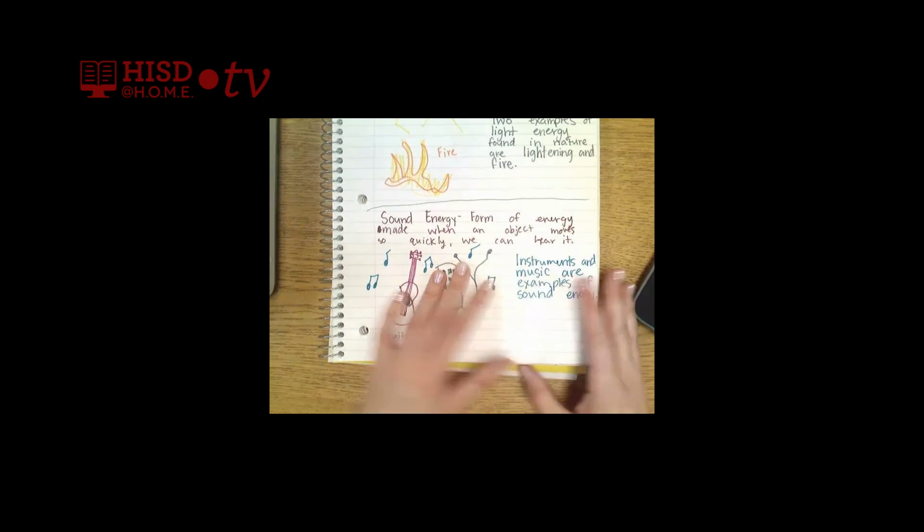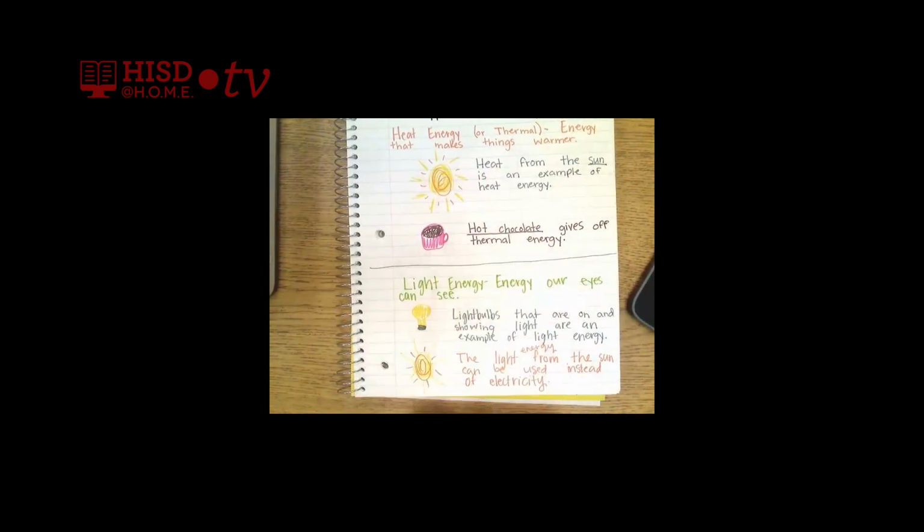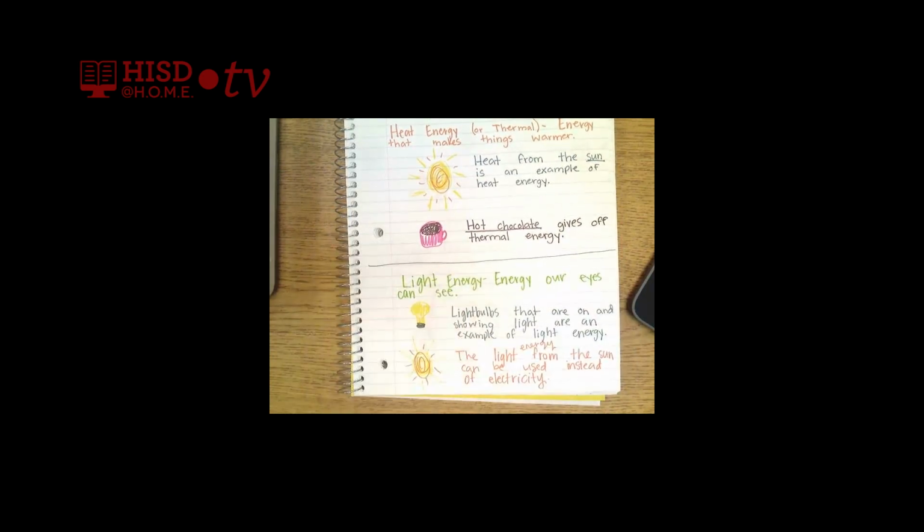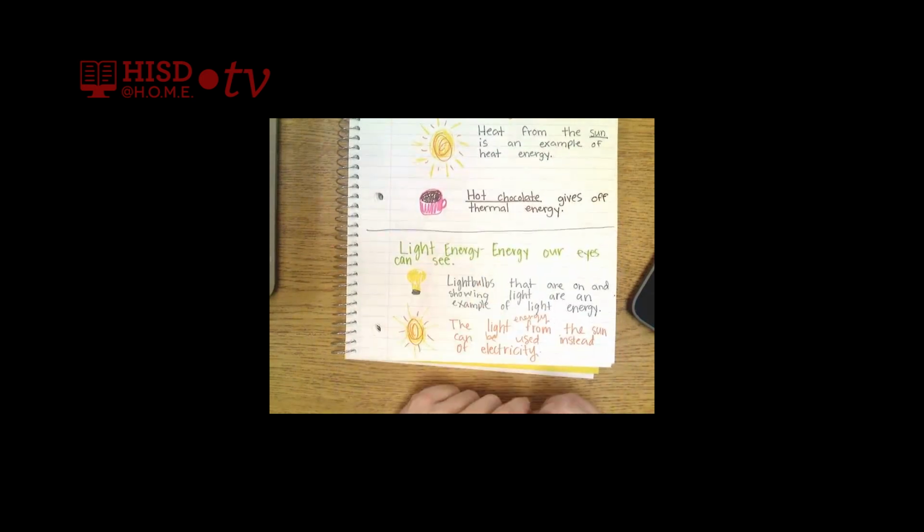All right. So today we went over three different forms of energy. We went over heat energy, and that's energy that comes from heat, anything warm like the heater, the sun, hot chocolate, coffee, the warmth from a fireplace. And light energy, although some of the examples are the same, right?